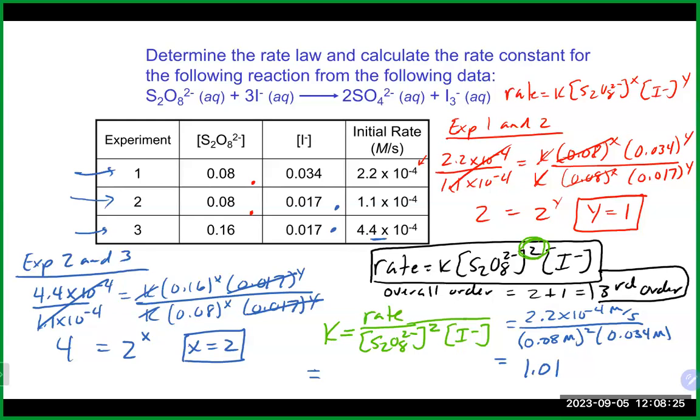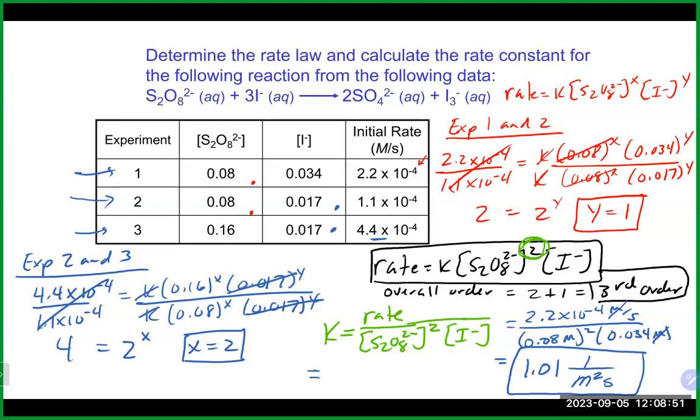The units here: we have molarity on top and bottom, they cancel, going to leave us 1 over molar squared seconds in this case. That's different from the units we saw for a second order, which was 1 over molar second. That one had 2 units, this one's got 3. So sometimes that works out that way.